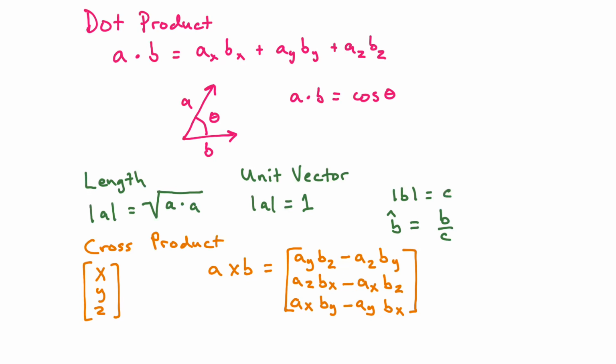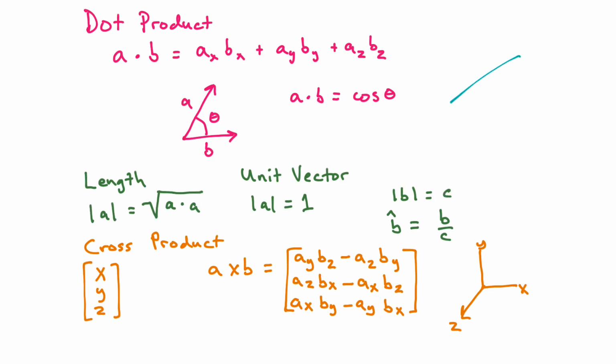The big thing that the cross product gives us is a vector that's perpendicular to the two vectors. So if we had our x and y axis, that would give us the direction of our z-axis. We use this very important operation to tell us what direction our triangles face in 3D.